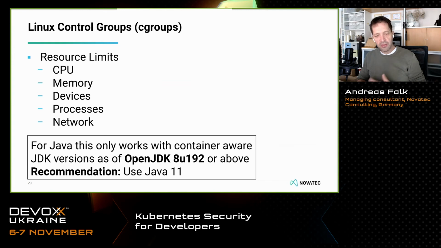We have had Java 11 in place for a long time already as the new long-term Java, and I would recommend using Java 11 because Java 11 is the first Java version that is really container aware from scratch. OpenJDK just got backported some stuff from Java 11 in that case.